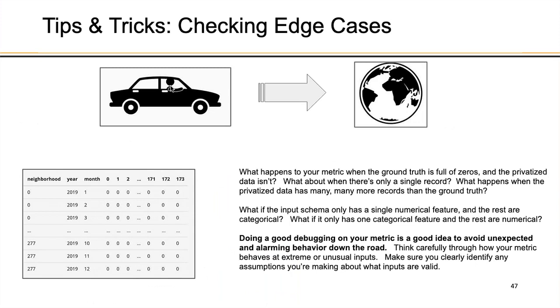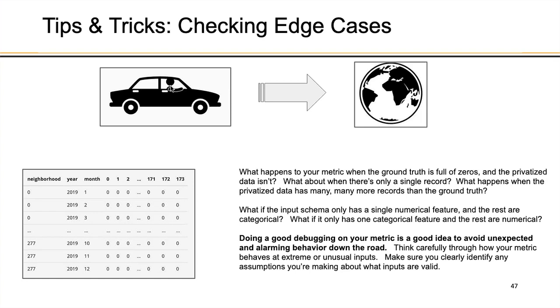Checking edge cases. Where does your metric do weird stuff? Just like I said, we had to use Jensen-Shannon instead of KL divergence because KL divergence performs badly if the ground truth has a 0 and the privatized data has a non-zero value.